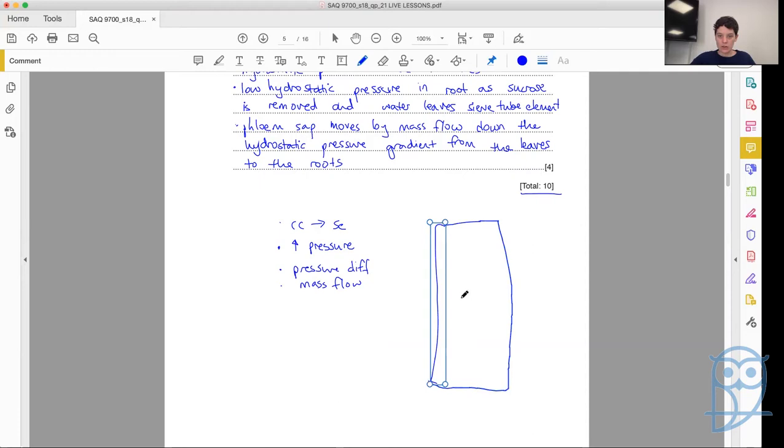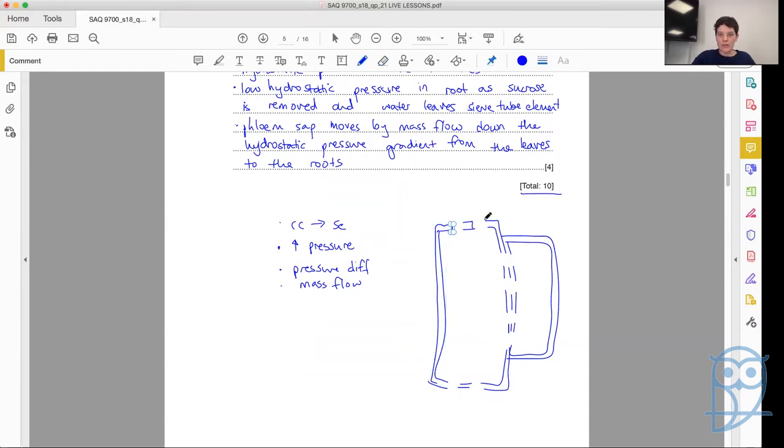So if we use this space that they left us, okay, so sieve tube element, companion cell. So now we've got plasmodesmata, we've got sieve plates, so we can actually look at what we're talking about.